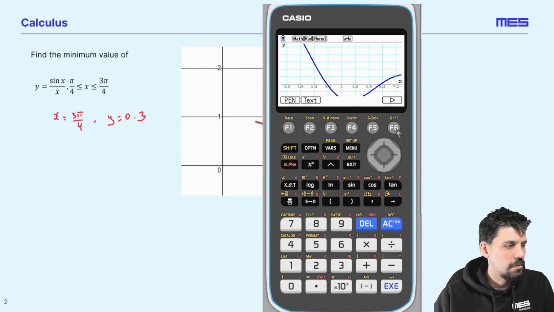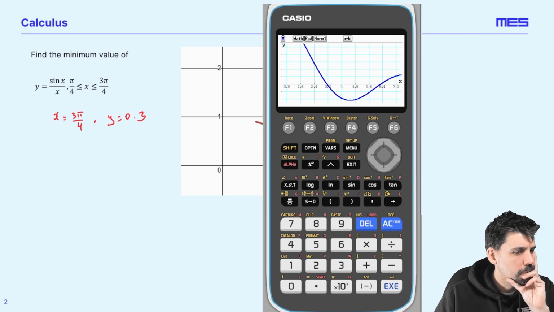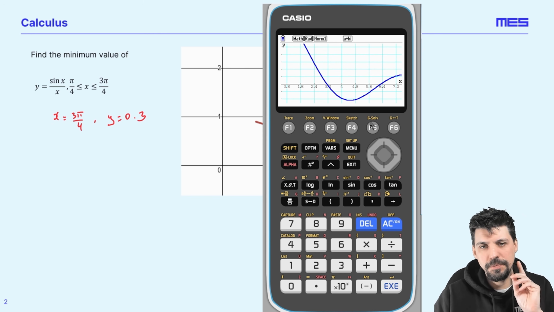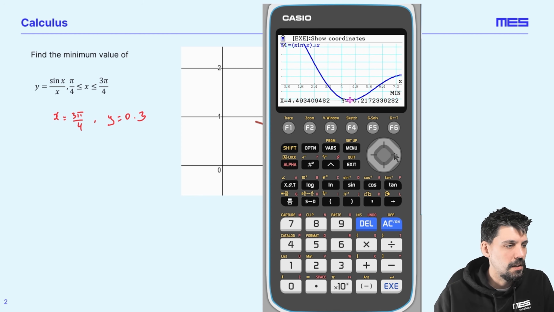And I can go, oh, there it is. See this one here, if you want to do fancy stuff, we might just do our graphing right now. So we can go gsolve and we can get all kinds of stuff. We can ask for the roots, the max, the min, but in this case, I'm going to ask for the min. And it's found one for me at 4.49 and minus 0.21, which is the other one we found. Can I find other ones? No, it's found the only one. So that will give you the absolute global minimum.